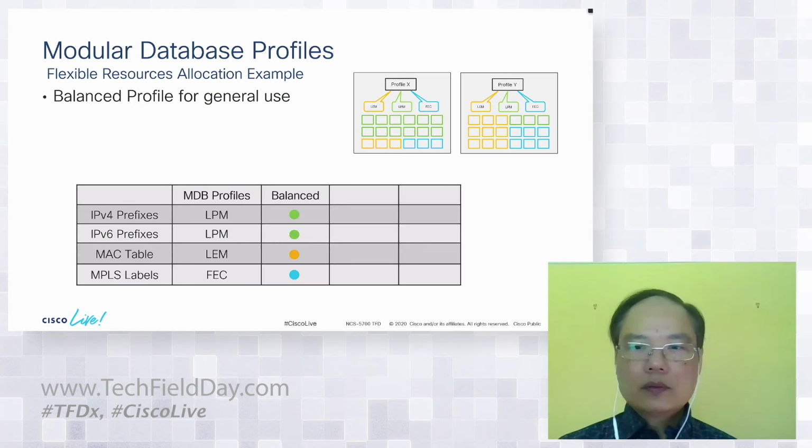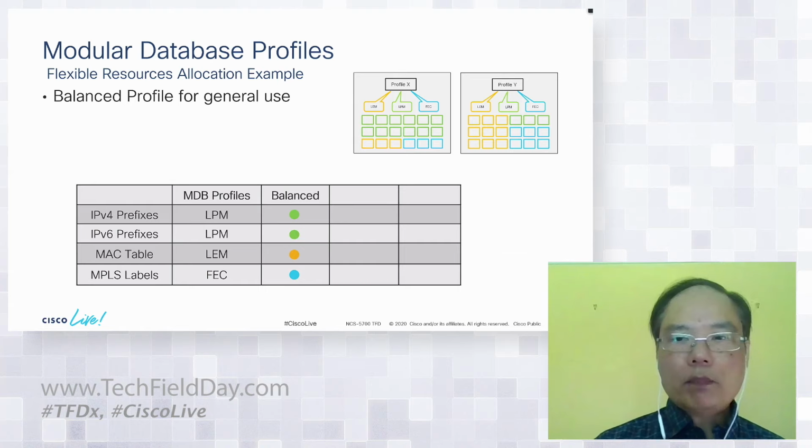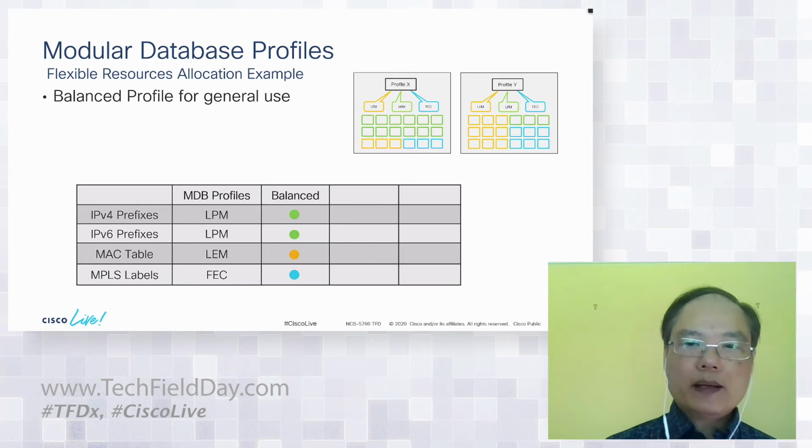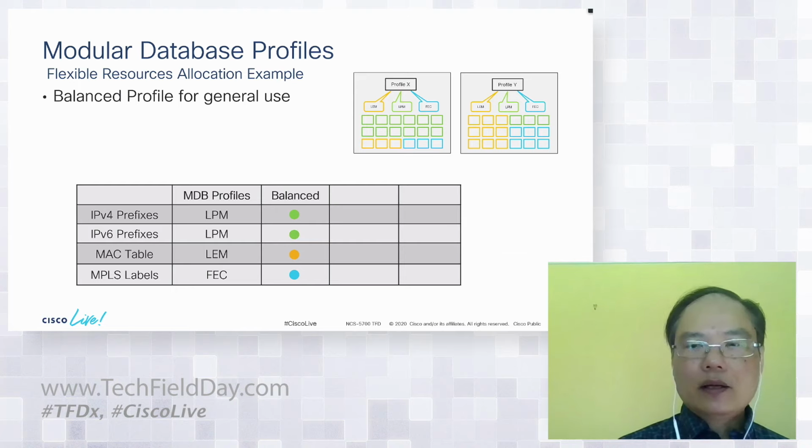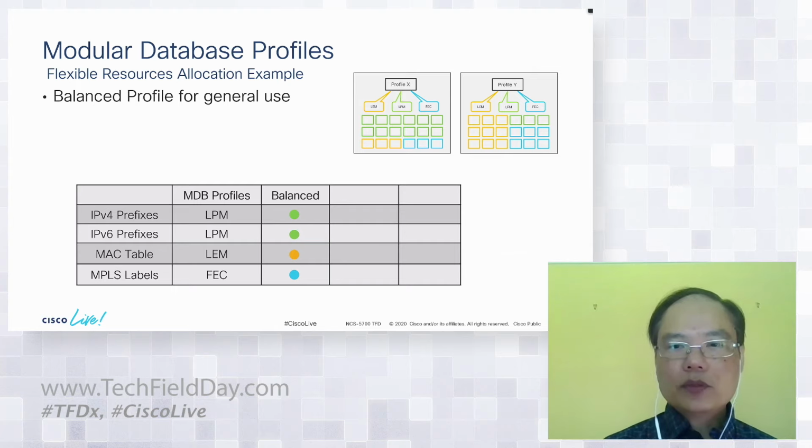For most users, they will be using a balanced profile with a balanced mix of layer 2 and layer 3 feature scale, such as IPv4, IPv6 prefixes, MAC addresses, and MPLS labels.